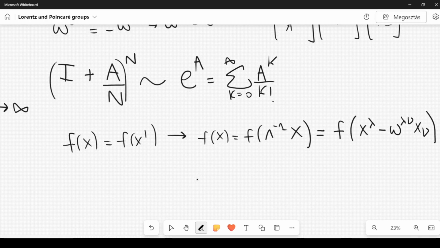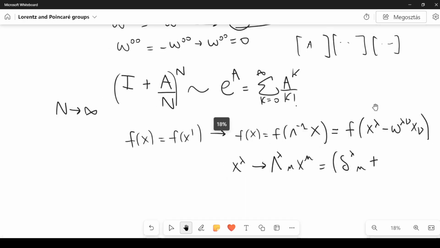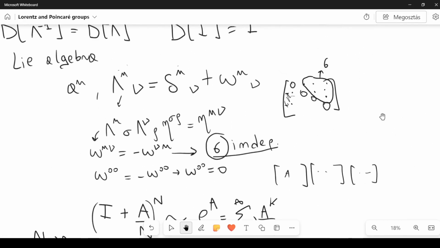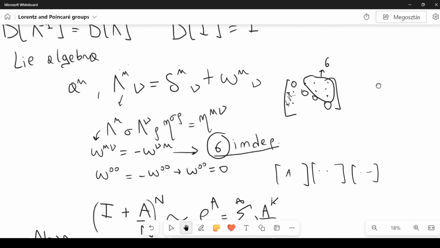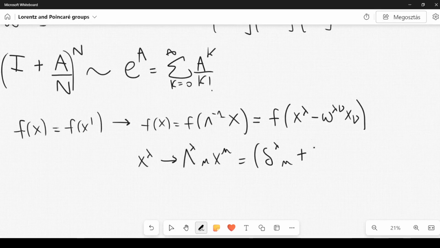So for an infinitesimal Lorentz transformation, for example, we might go to x lambda to capital lambda lambda mu x mu. So this is the transformation, but if this is infinitesimal, we have something like this, delta lambda mu plus. In general, here we have a plus, if we use the same notation that we used earlier. Now let me explain it better. So we have omega lambda mu x mu.